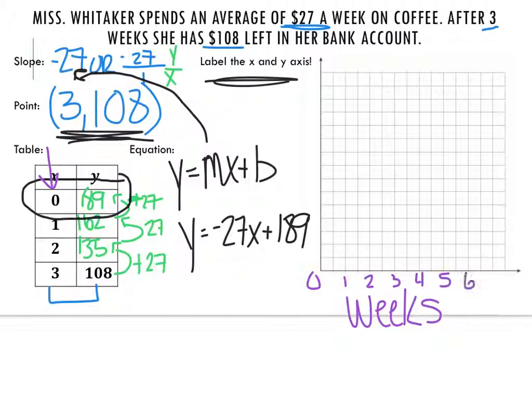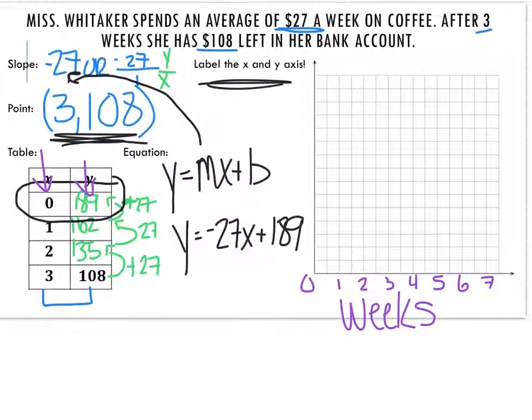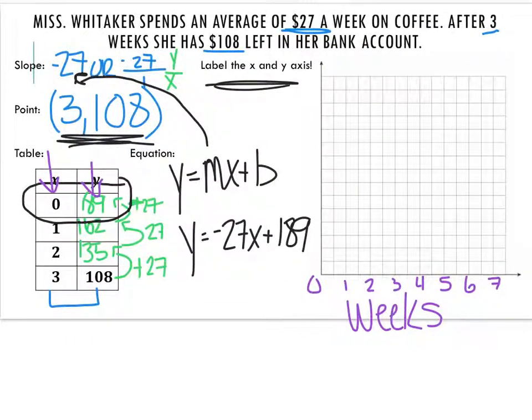There are my weeks. And then my y-axis is my money. How much am I spending? And so this is my money.